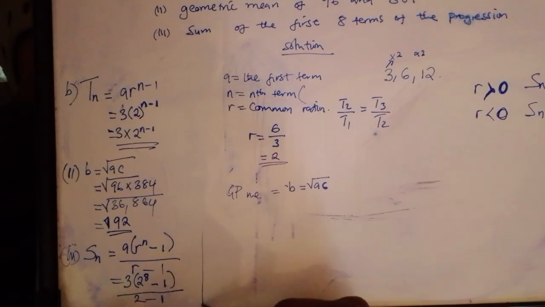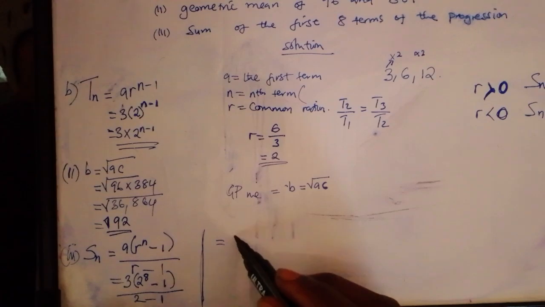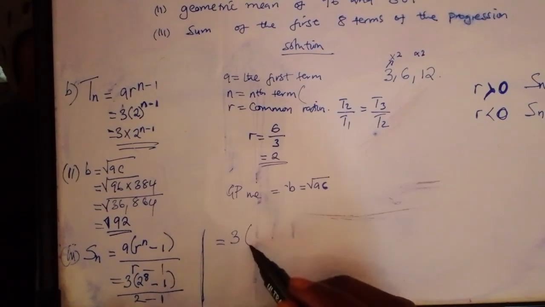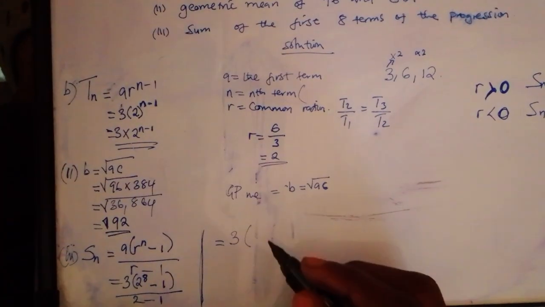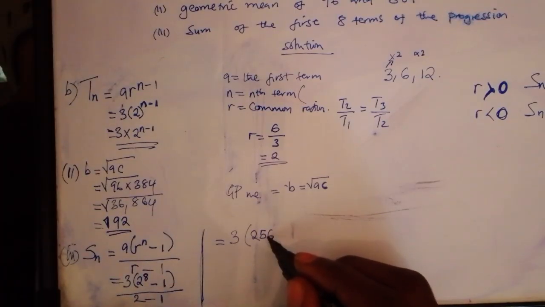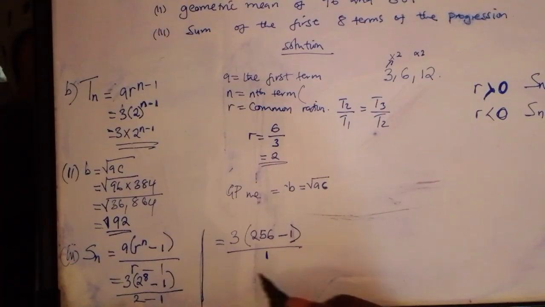So meaning our final answer is going to be 3 multiplied by, what is 2 to the power 8? This is paper 2, you can use the calculator. So 2 to the power 8, we have 256 minus 1, divided by 1.